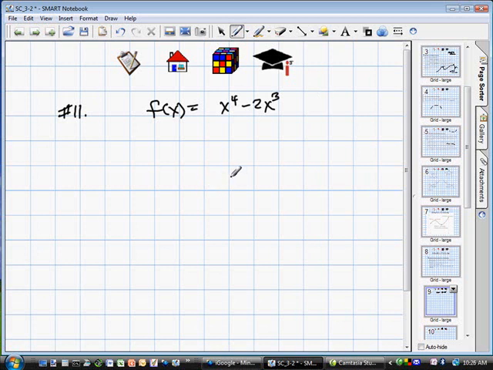So where are the critical values? Answer: find the first derivative and set the first derivative equal to 0.